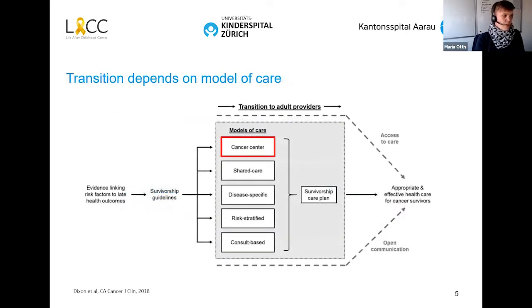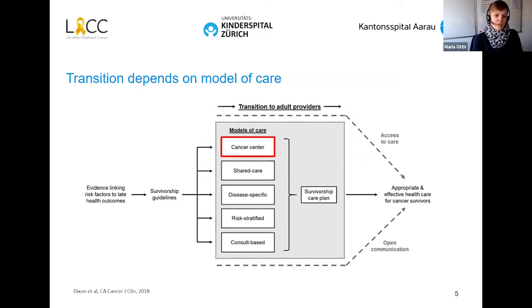As mentioned shortly by Gisela already, she described the different long-term follow-up care models, and in a similar way they also influence the different transition models that can take place. What's really important is that there's not one transition model that is the perfect one and should be used everywhere.